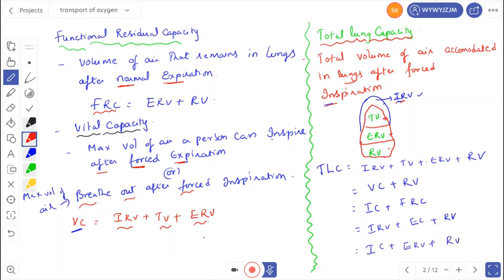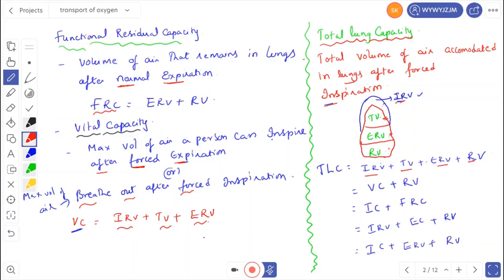Due to forced inspiration, IRV is coming, TV is also coming, ERV is present, and RV is also present. So you have to count ERV and RV also. Total volume of air present in lungs after forced inspiration equals IRV plus TV plus ERV plus RV.